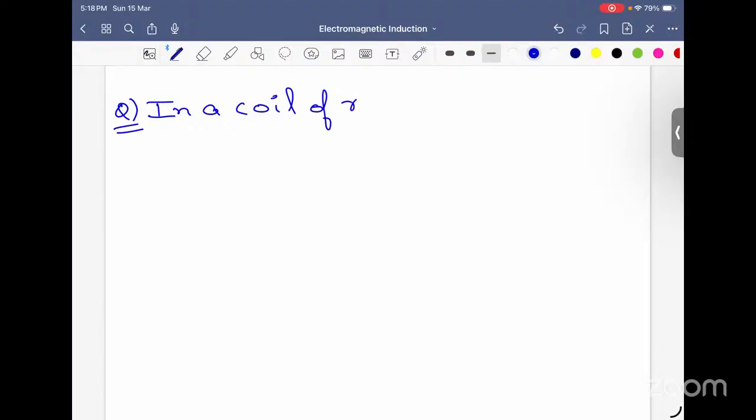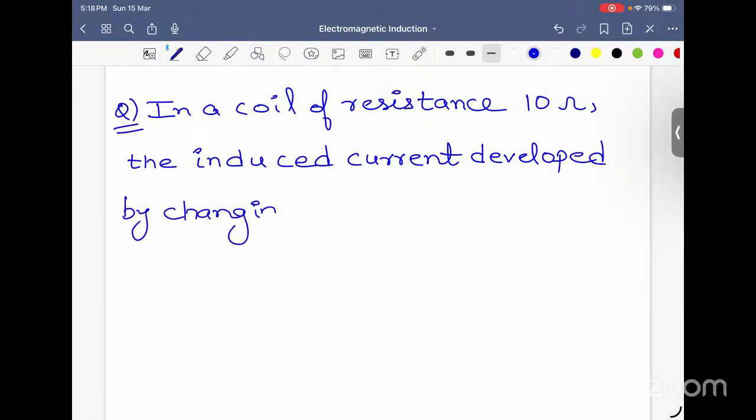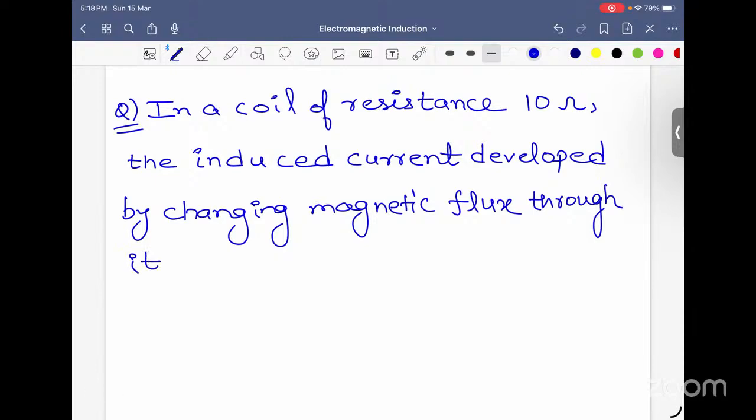Now we'll solve the next question. A coil of resistance 10 ohm, the induced current developed by changing magnetic flux through it. I'm writing the question here for you students.